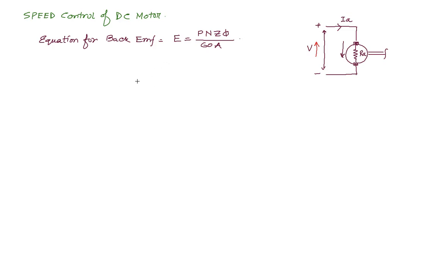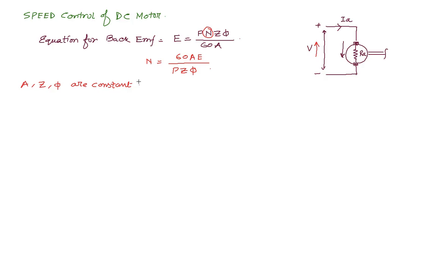Now here we are going to discuss the control of speed. N is the speed, so we can write N as E times 60 A by P Z phi. Now A, Z are constant. A is the number of parallel paths in the armature, Z is the total number of conductors in the armature, and phi is the flux.